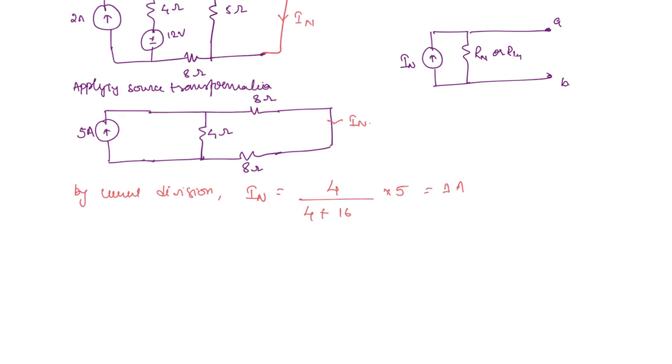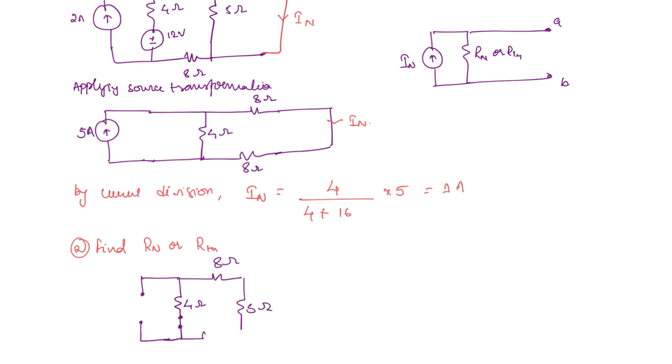Next is finding the Thevenin's or the Norton's resistance. The procedure is going to remain same. There is no difference, right? The current source, if you have to turn off, you have to replace with an open circuit. Then voltage source with short circuit. So here you have 4 ohms. This is 8 ohms, 5 ohms and 8 ohms.